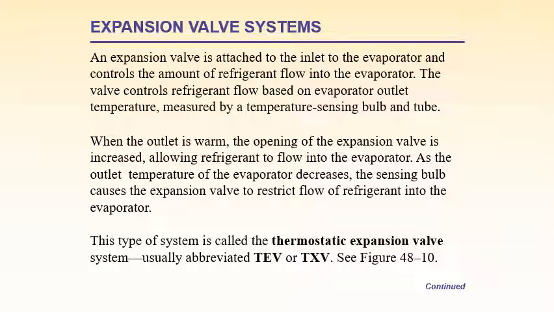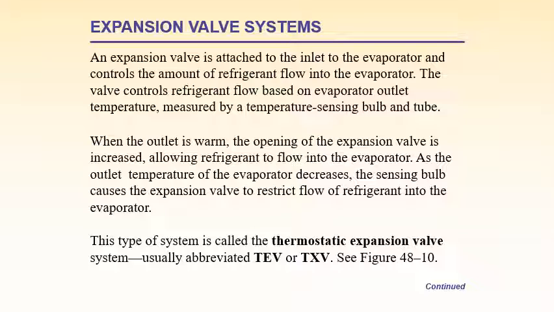Now see here, when the outlet is warm, the opening of the expansion valve is increased, allowing refrigerant to flow into the evaporator. So what happens when load increases? I have already told you, as the load increases, the refrigerant temperature also increases, and due to this the outlet of the refrigerant from the evaporator is warm, and the opening of the expansion valve is also increased, which allows more refrigerant to flow into the evaporator.